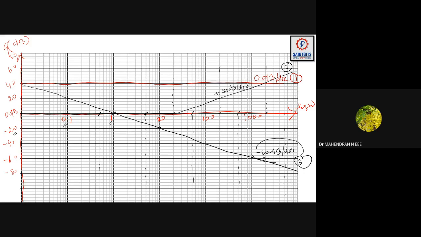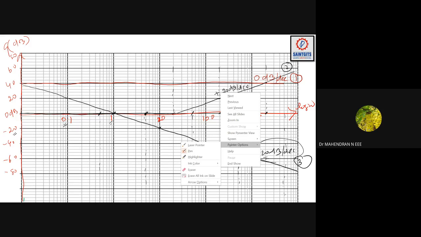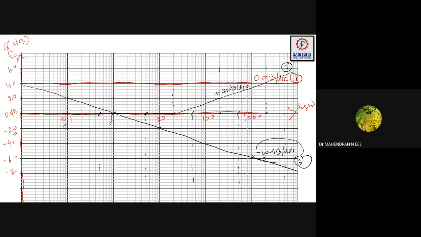Now this is your fourth plot. I will change the color; I will take green. So what will happen? It will cross here, and it will cross here, and where is that 60? It will cross here.